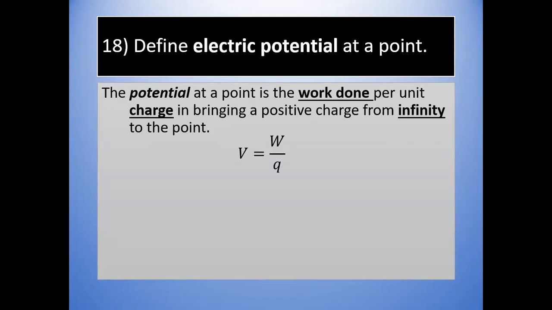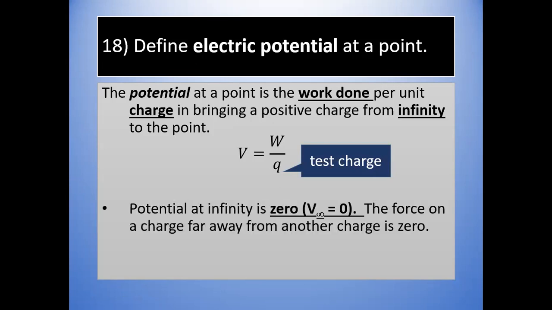That's it, just the work done divided by the charge you have taken, or we call it the test charge. Potential at infinity is 0. We choose that because it's easier, as the force at infinity is also 0. It's a scalar quantity. Unit is volt, or joule per coulomb.